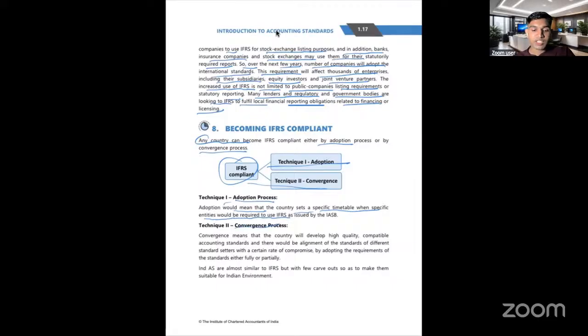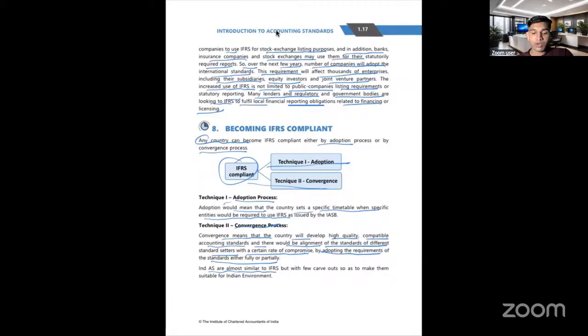Technique 2, convergence process: convergence means that the country will develop high quality compatible accounting standards, and there would be an alignment of the standards of the different standard setters with a certain degree of compromise by adopting the requirements of the standards either fully or partially.